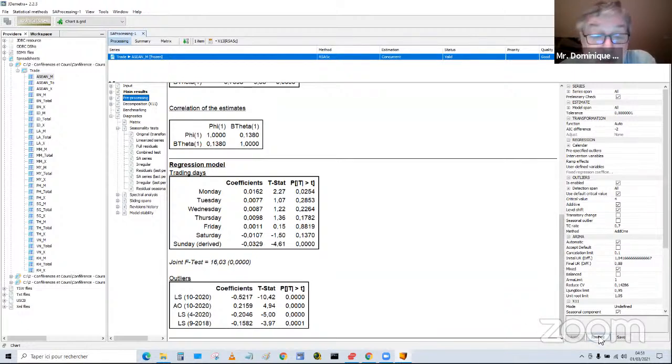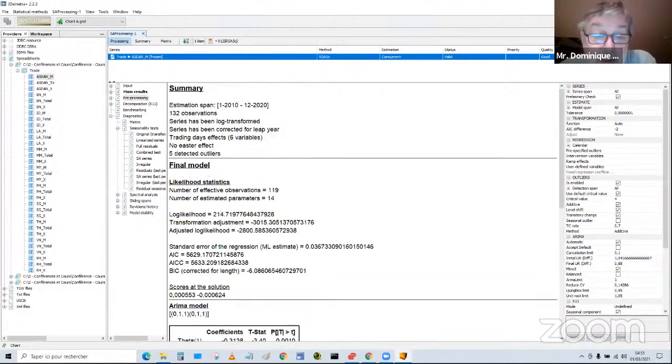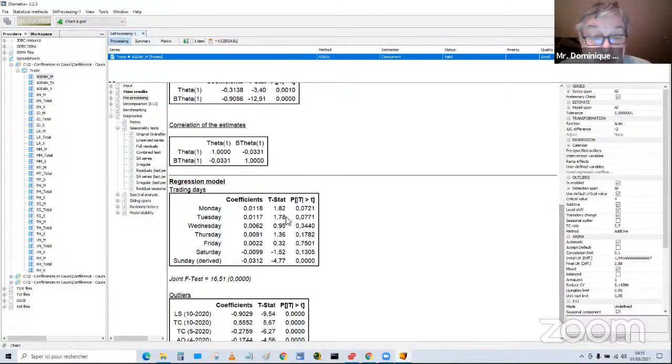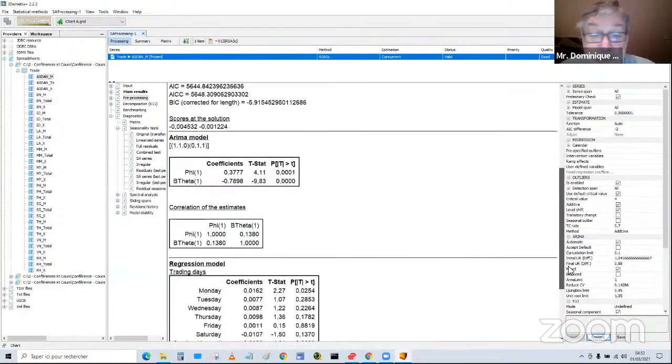You click on restore, and I will immediately have 1.8. Okay, I can see 1.82. I remove transitory changes now, and I do apply, and I will have 2.2.